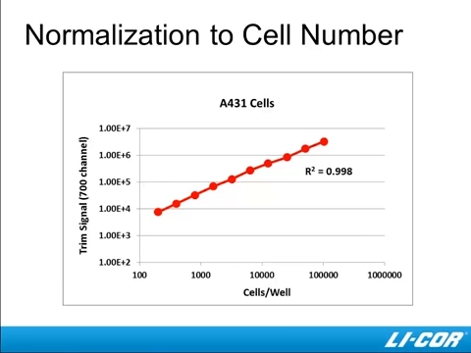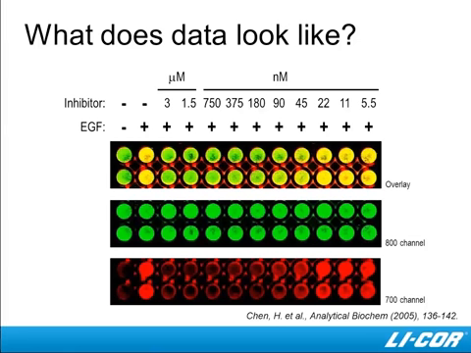So let's go back to my example. We're going to look at phosphorylation of a protein target. So what does the data exactly look like once you've scanned it on an Odyssey imager? So in this example here, I'm showing 3 images. It's a 96-well plate. In green, in the middle image, is my 800 channel signal.